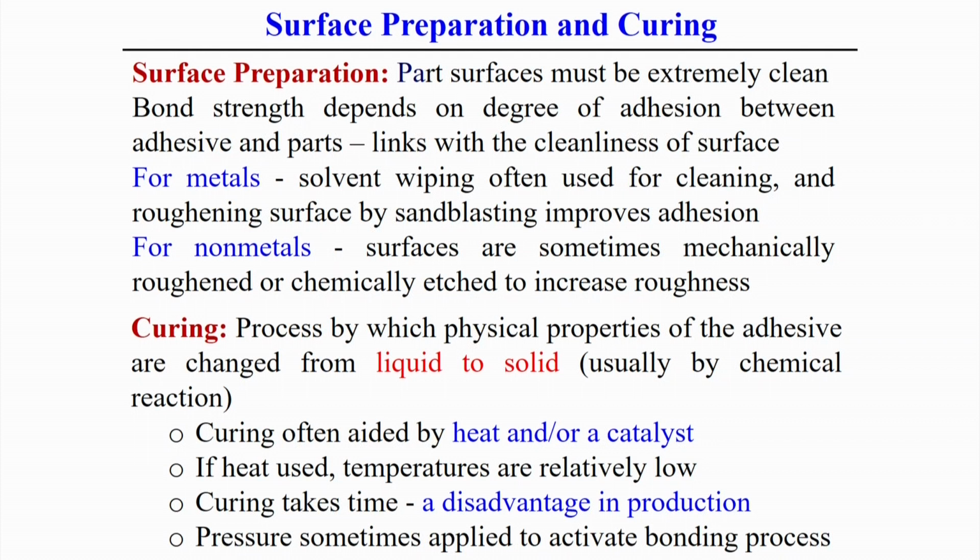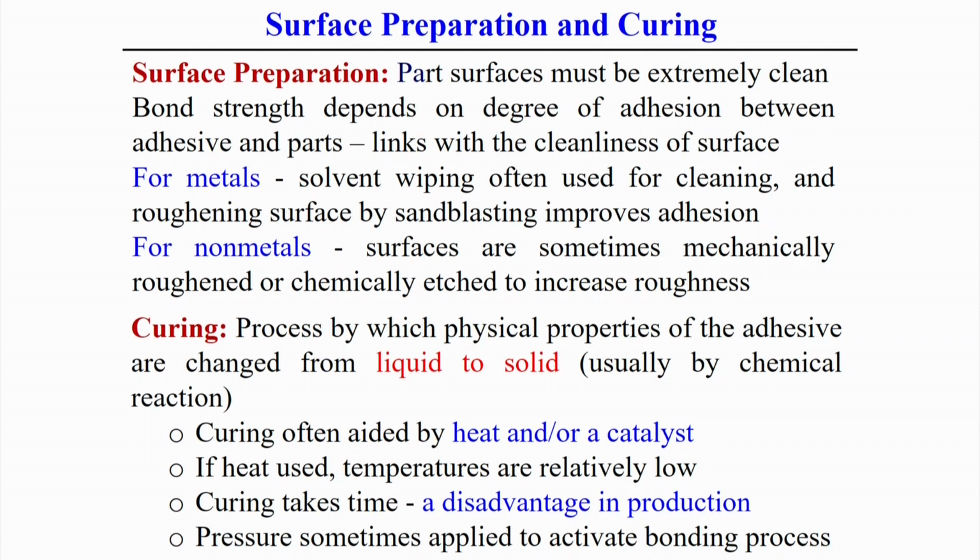Other points for the surface preparation: how the surface preparation can be done in the case of metals and in the case of non-metals. In the case of metals, we use solvent wiping for the cleaning, and then roughening of the surface is also required.